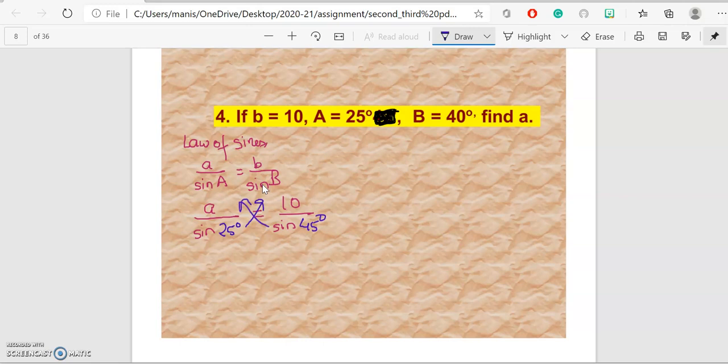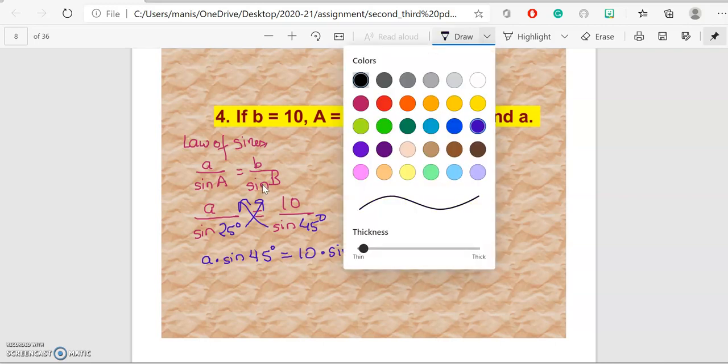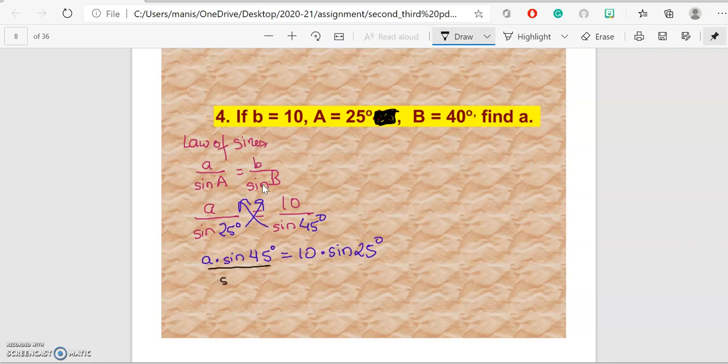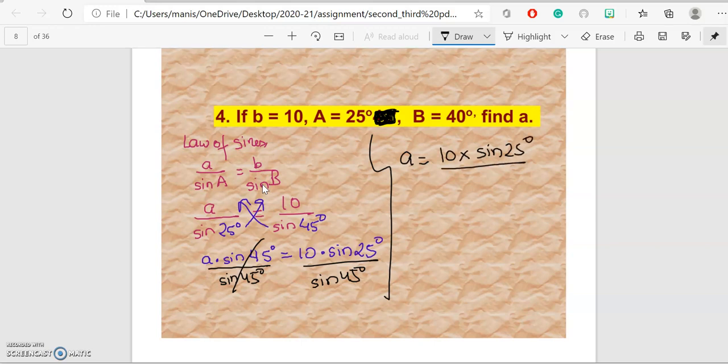So you can cross multiply over here. It will give you a times sine of 45 degrees is equal to 10 times sine of 25 degrees. The steps are the same after this. I will divide both the sides by sine of 45 degrees. This will be cancelled out. So I need to substitute these values in my calculator: 10 times sine 25 over sine of 45 degrees, which will give me my final answer.